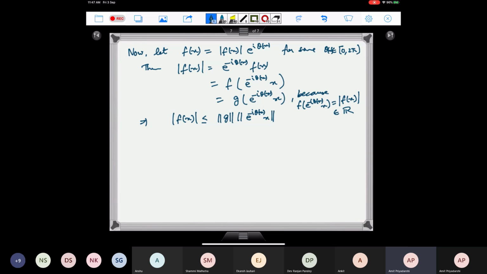So this is equal to norm g times norm x. This is true for all x in V. So this implies that norm of f is less than or equal to norm of g. So we get norm of f is less than or equal to norm of g, but we have to prove the equality.